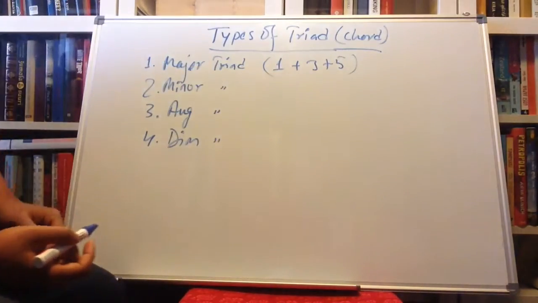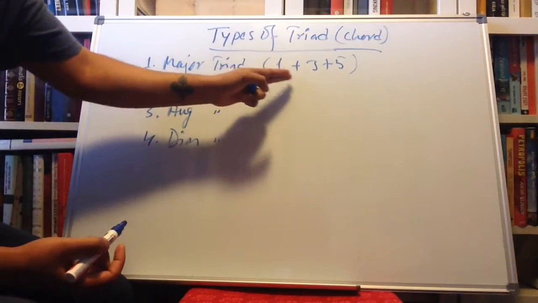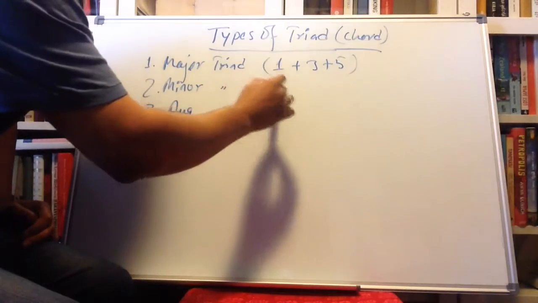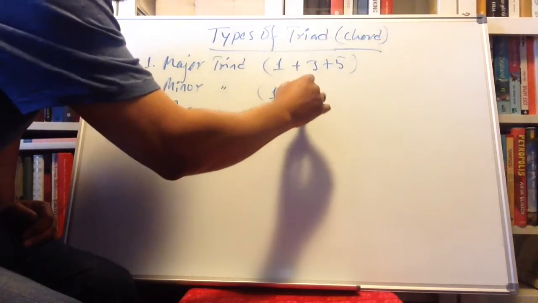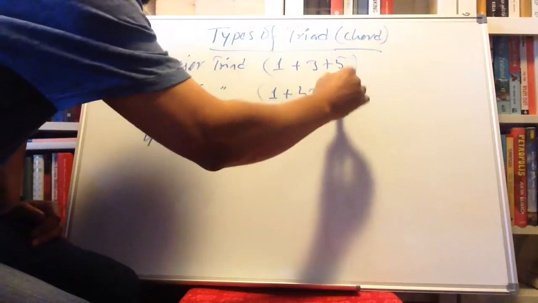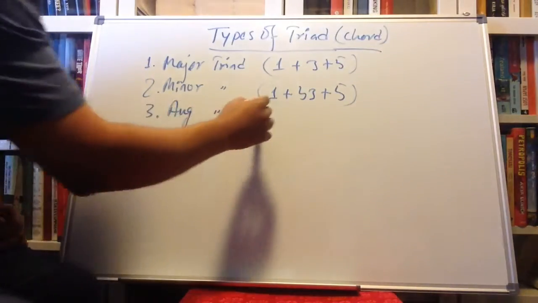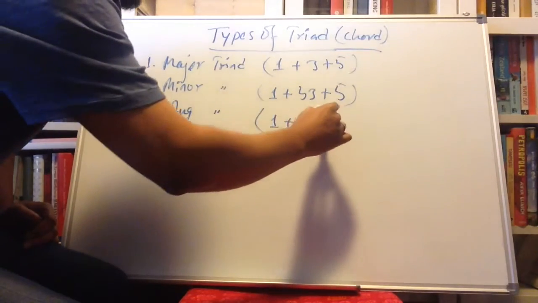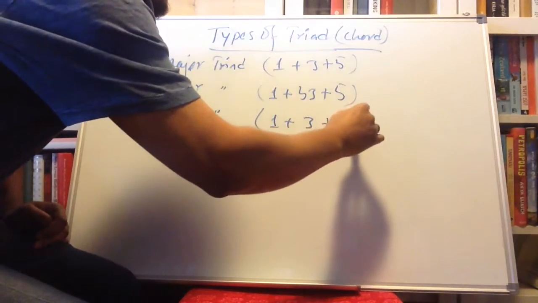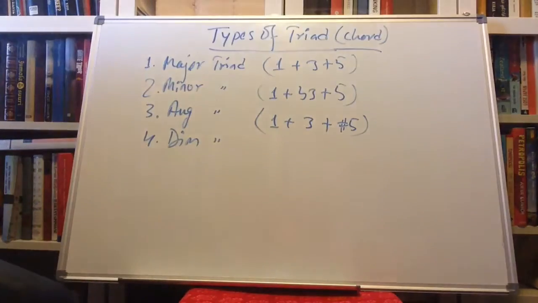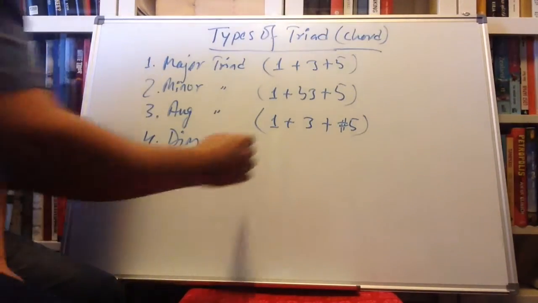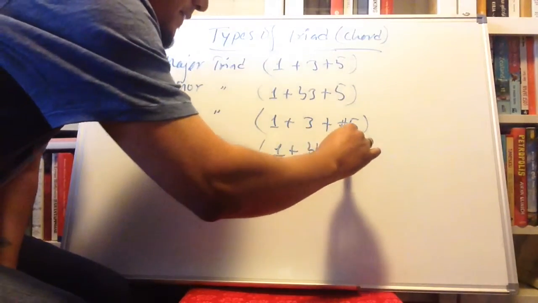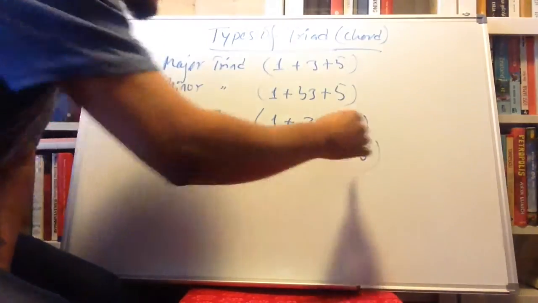You have to know what is the third and what is the fifth. In the minor triad it's 1, flat 3, plus 5, of course, and in augmented it's 1 plus 3 plus sharp 5. And the diminished triad would be 1 plus flat 3 plus flat 5.